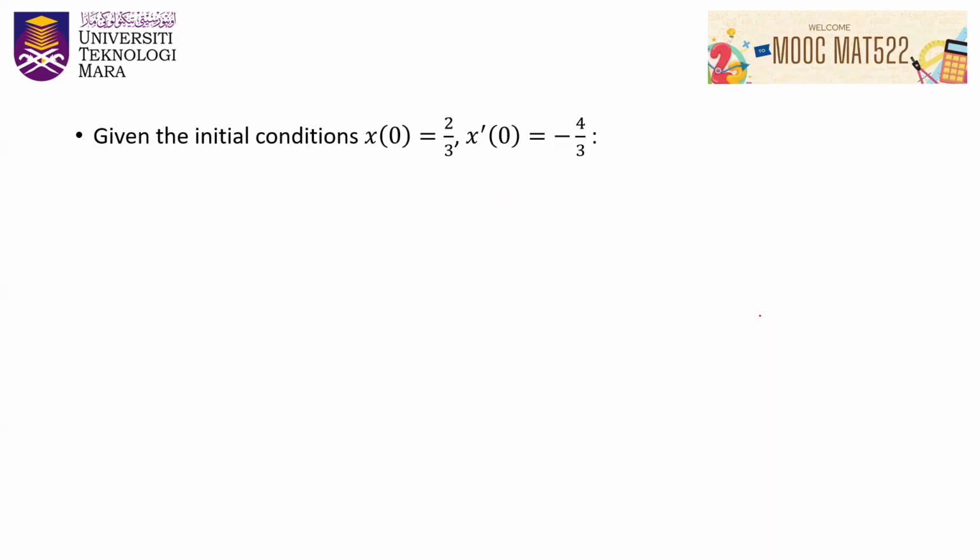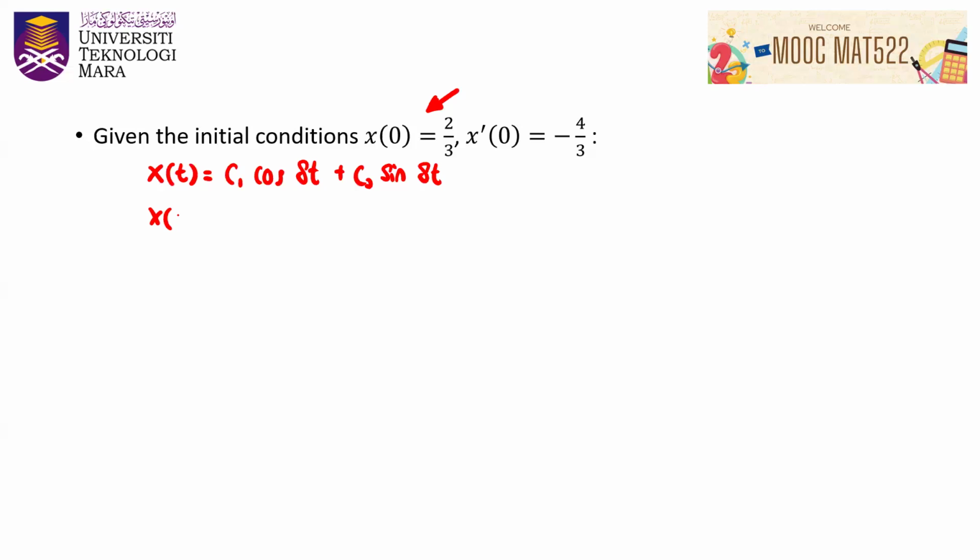Furthermore, we are given two initial conditions, x(0) = 2/3 and x'(0) = -4/3. Again, we have the general solution x(t) = c1 cos(8t) + c2 sin(8t). We can now proceed to solve by substituting and considering the first initial condition.